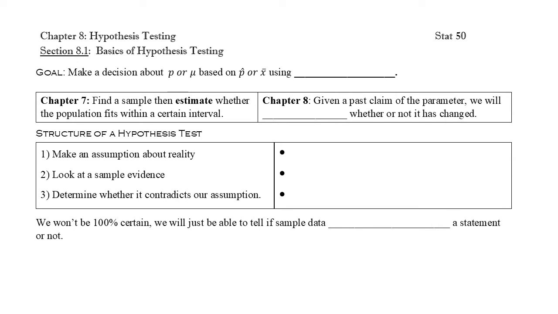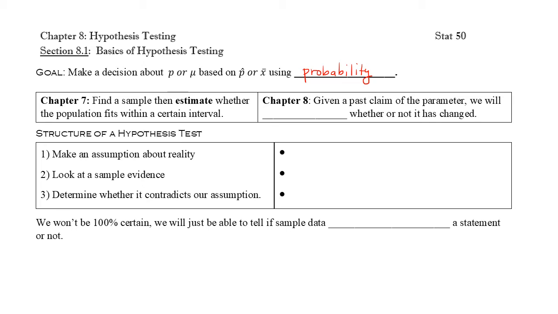Our goal will be to make a decision about a population proportion or a population mean based on a sample proportion or a sample mean. And this will be using probability, relying on some of the tools that we've developed so far in previous chapters.